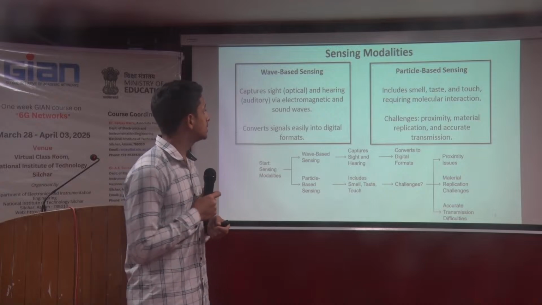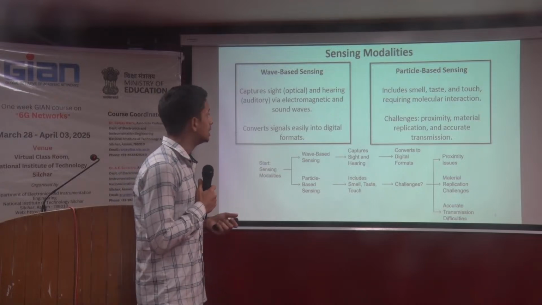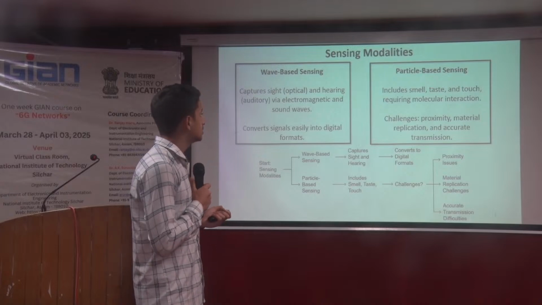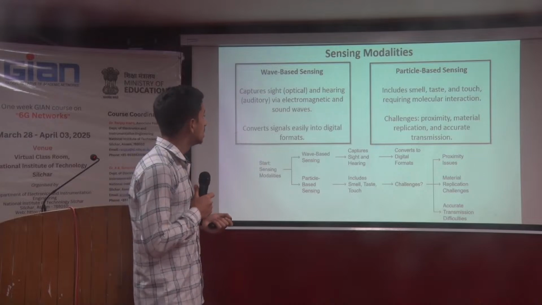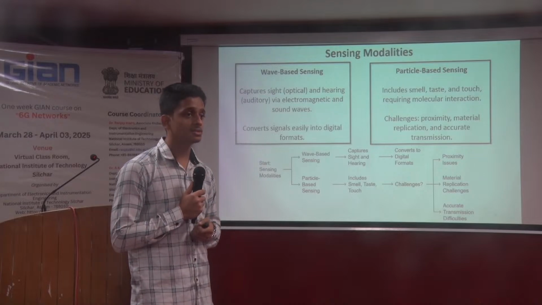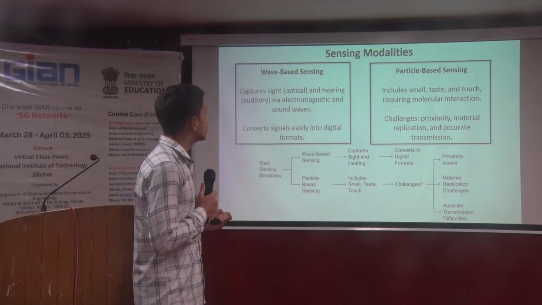Another is particle based sensing, which is another topic for research and is not yet so much researched. It includes smell, taste, and touch, and requires molecular interaction. It is a very bright topic to research.